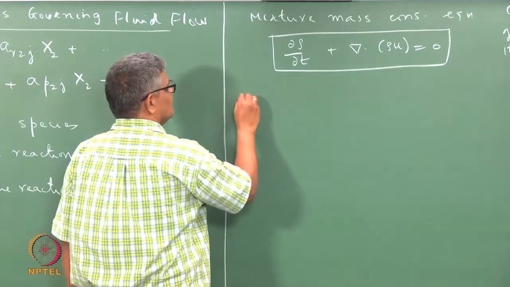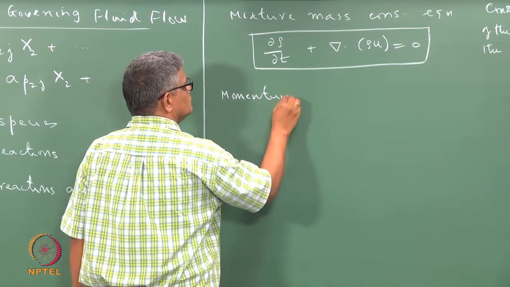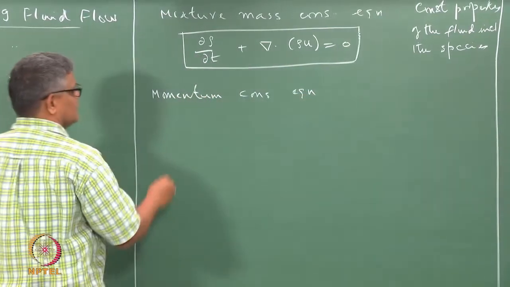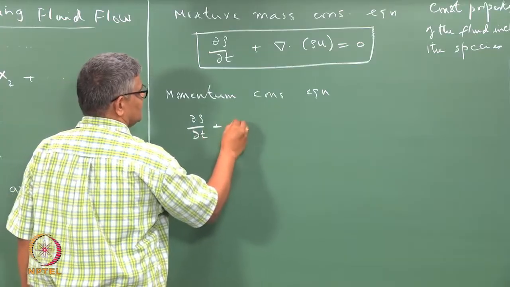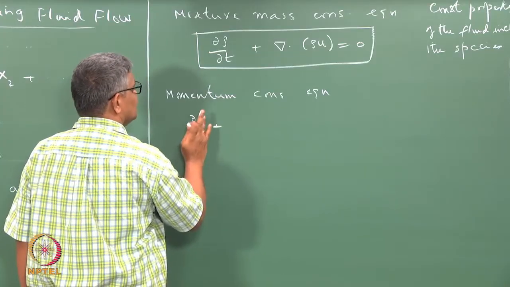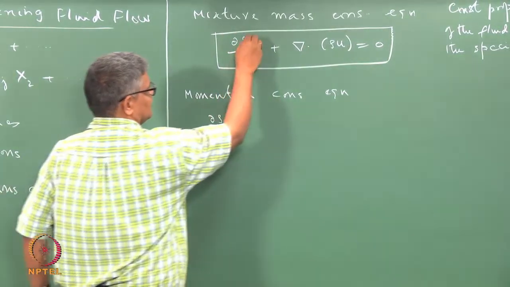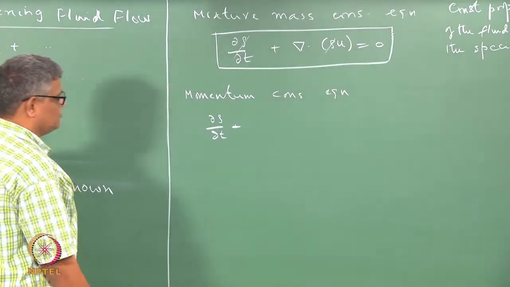We also have the momentum conservation equation for the mixture, which again has dou rho by dou t. In fact, here rho is constant, so we can cross this out and take it out, and that becomes del dot u equal to 0.